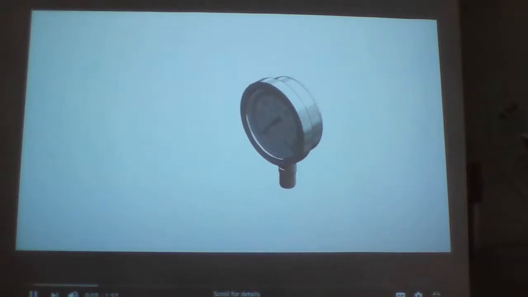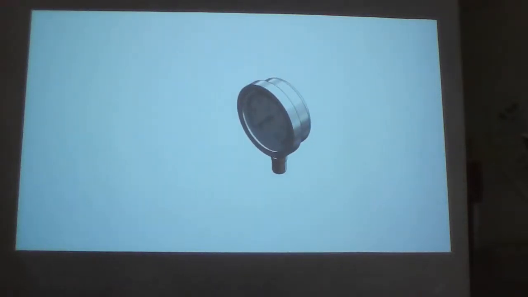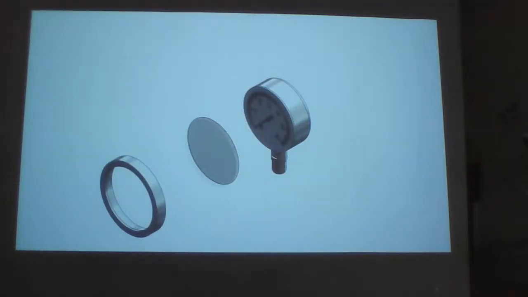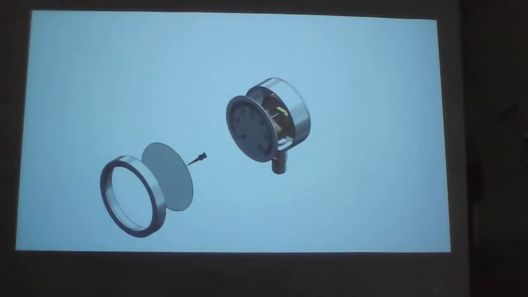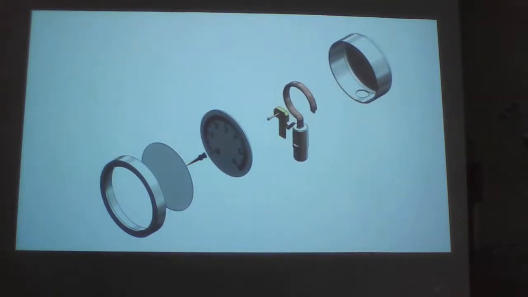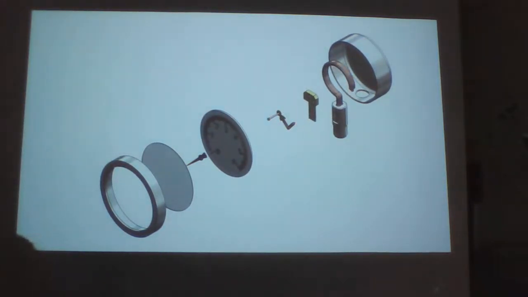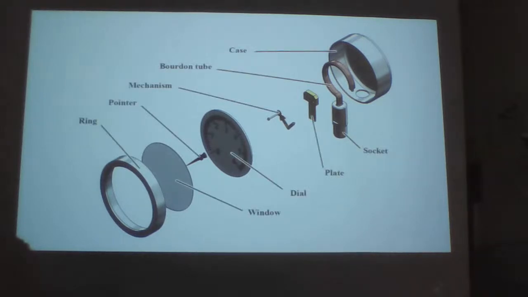The operating pressure in hydraulic or pneumatic systems is measured with respect to atmospheric pressure by pressure gauge. The most common pressure gauge design was contrived by Eugene Borden. It used a curved tube design as the pressure sensing element. Pressure gauge with Borden tube contains case, socket, Borden tube, plate, mechanism, dial with scale, pointer, window, ring.